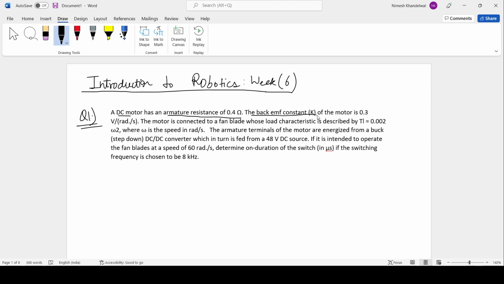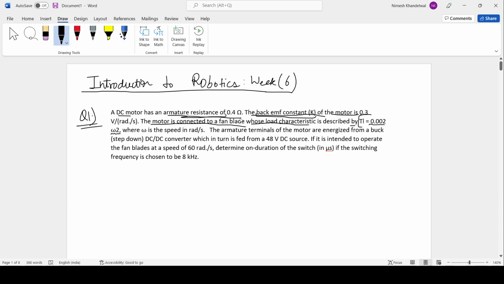The back EMF constant of the motor is 0.3. I am assuming that you guys by now know what is meant by armature resistance and the back EMF constant. The motor is connected to a fan blade whose load characteristic is defined by 0.002 omega. I think it should be squared, right?